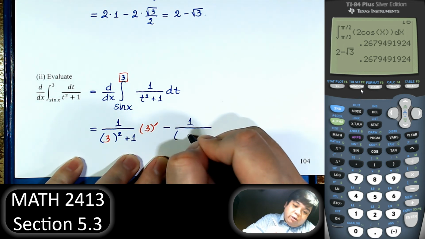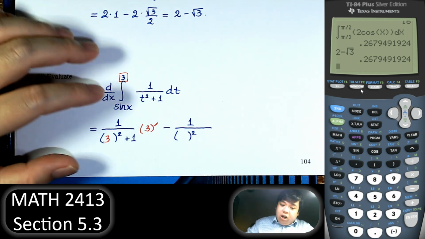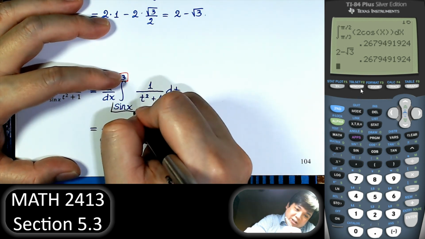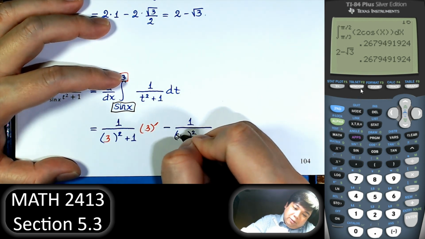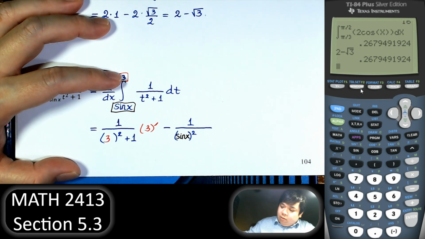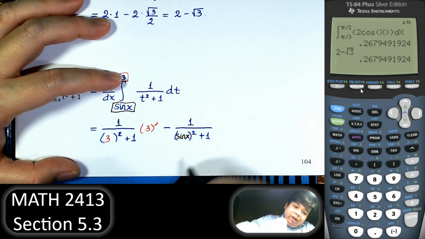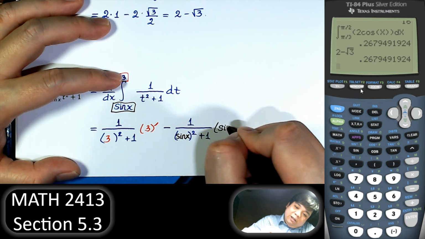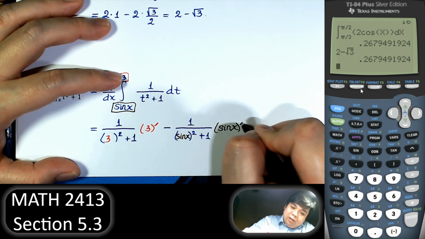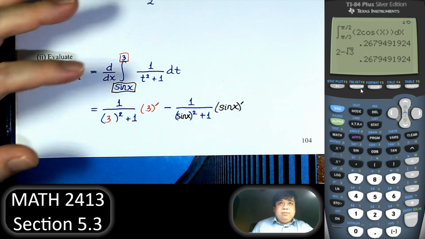Replace the variable with the lower limit, times the derivative of the limit itself.